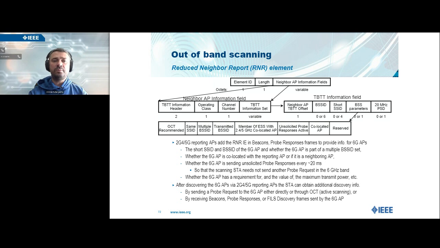Those APs, for our particular purpose, are those that are operating in the 6 gigahertz band and that are co-located with the AP that is including the RNR. So the access point provides different information about the 6 gigahertz AP, so that the station, once it has received this information, has as much information as possible to go to the 6 gigahertz band and complete discovery and association with that particular AP.